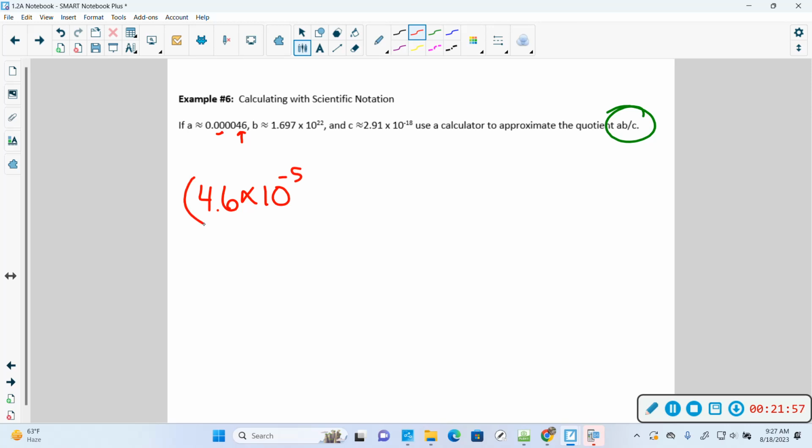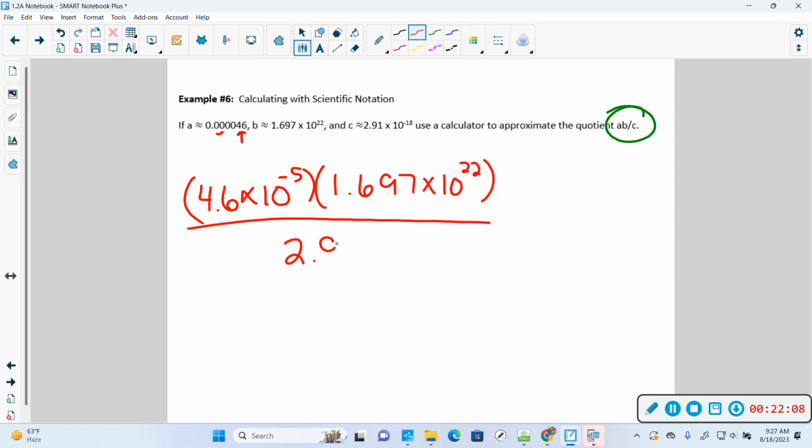So we're going to do A times B over C. You can straight type this into your calculator just as it appears, or do all the numbers together and then figure out your exponent on 10 with your exponent properties.